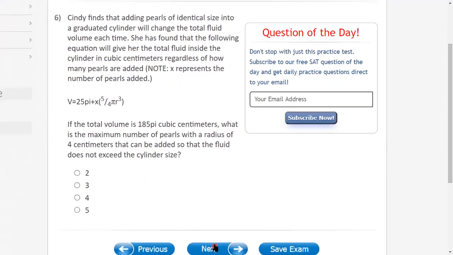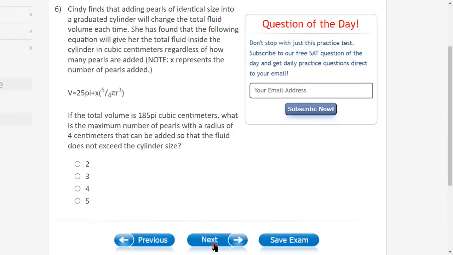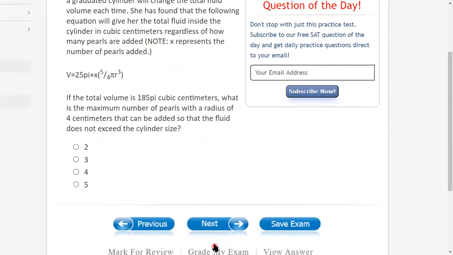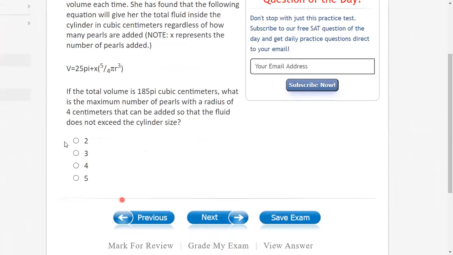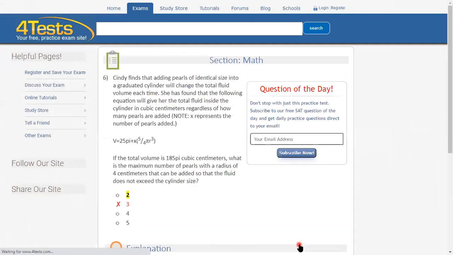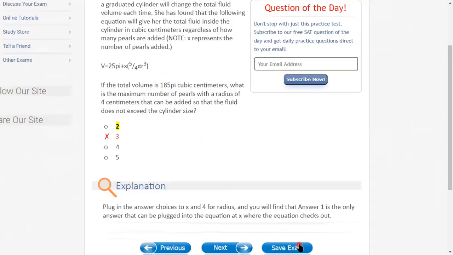Anyhow, I got 3. Okay. So I'm just pushing that 3 and going to view the answer. The answer was 2, and 3 is the wrong answer. Let's see the explanation. Okay, yeah, let's see.